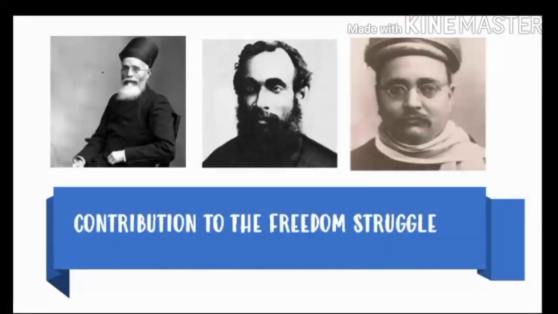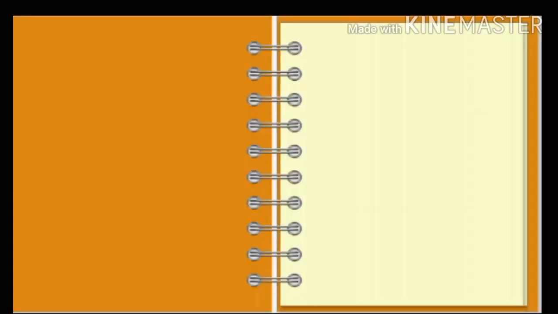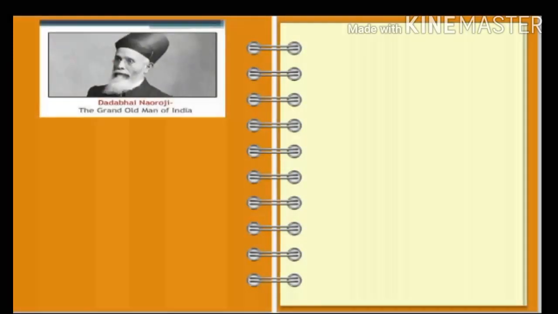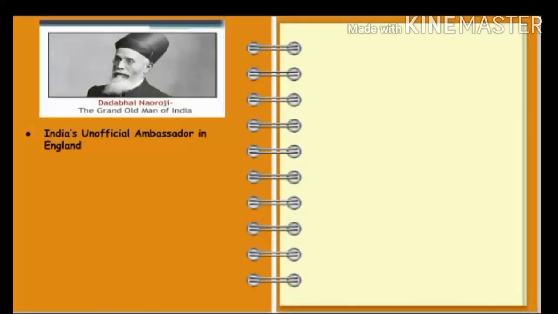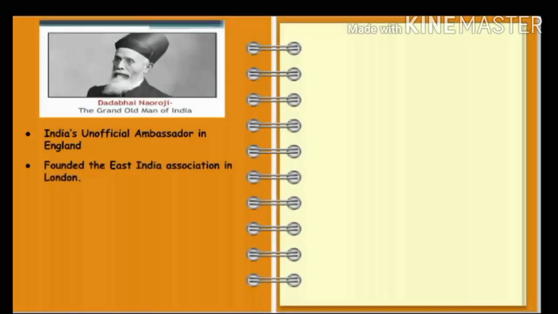Contribution to the freedom struggle. Now let's study about the contribution of the nationalist movement leaders. Dadabhai Naoroji, also known as the Grand Old Man of India, was India's unofficial ambassador in England. He founded the East India Association in London in 1886.